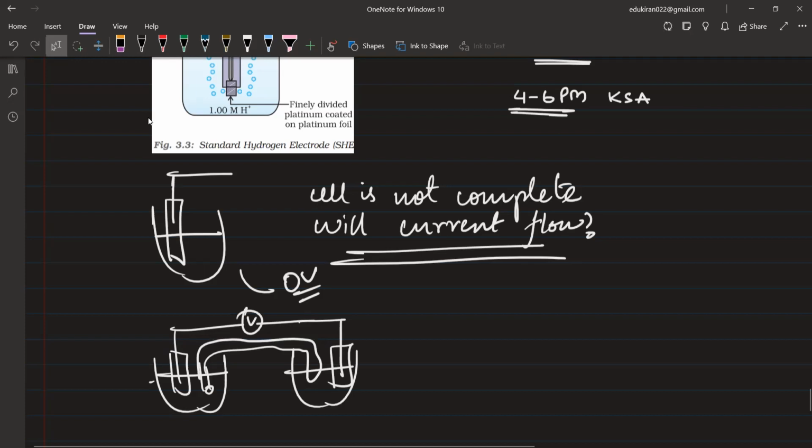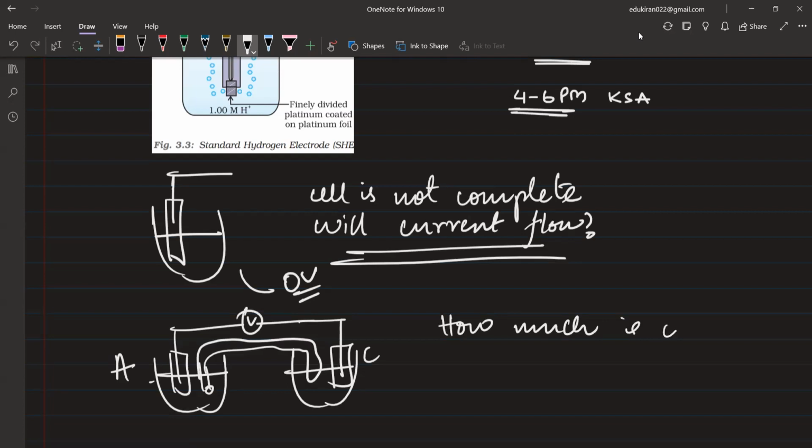Now the question is, we have anode and we have cathode. So how much electricity is coming from the anode and how much is coming from the cathode? ये तो पता लगाना, लेकिन it will be impossible, right? Yes or no?